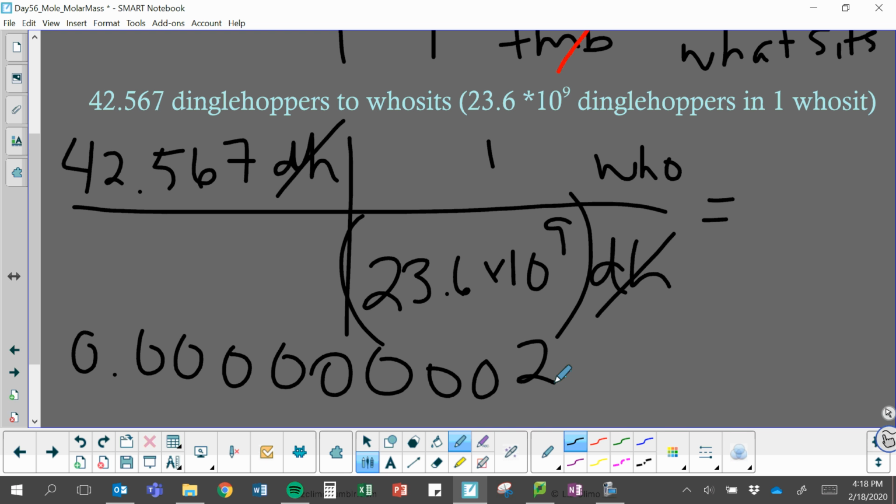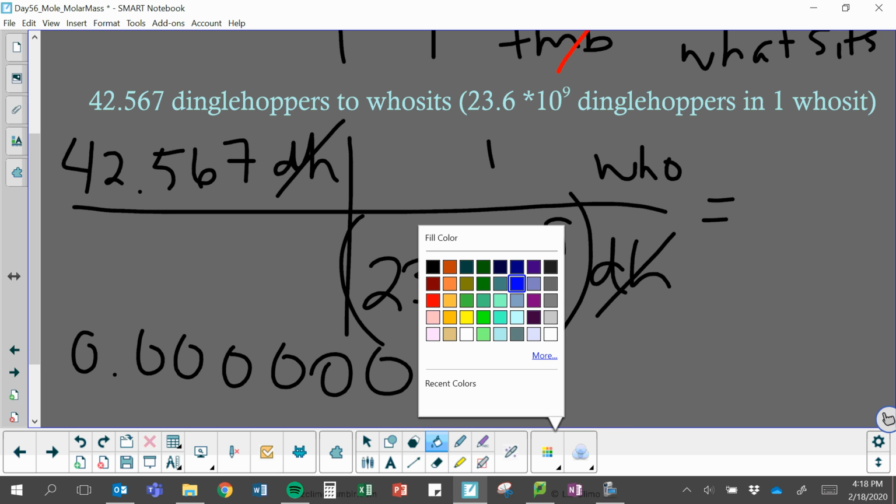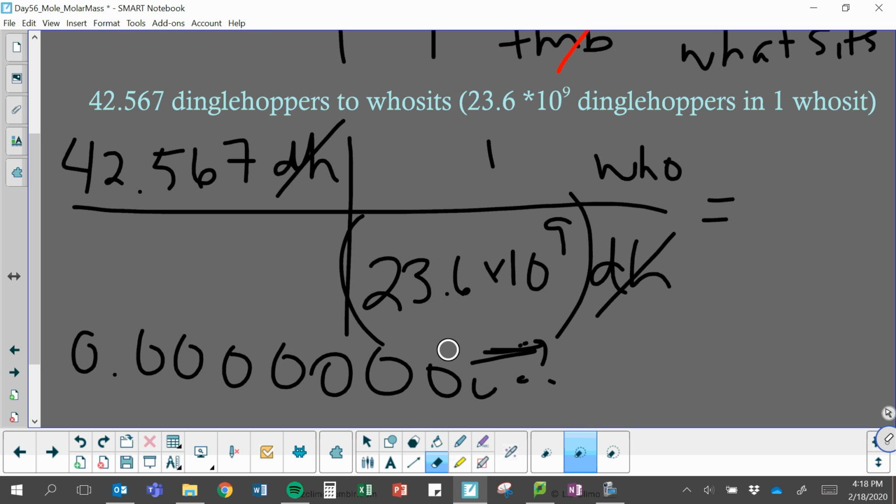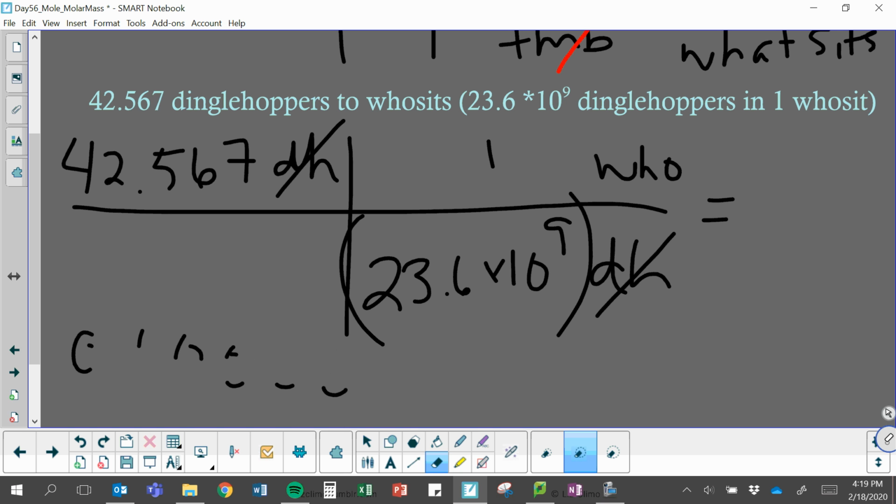You're going to have to make it tell you in scientific notation, because this only gives us the 1 unit, our 1 sig fig, and we want to have actually 5, because 42.567 has 5 sig figs, and then remember again our 23.6 has infinite numbers.